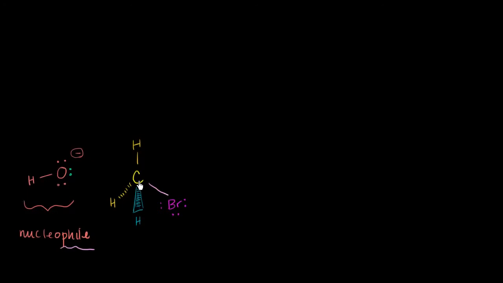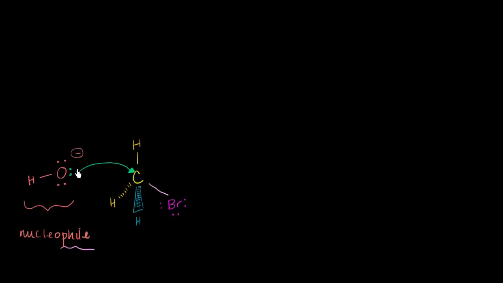So the way that this reaction works, and it's really happening in one step, and this is key to the name of this reaction, as we'll see in a second, is that this nucleophile might say, hey, I've got this extra charge, let me share some of that charge with a nucleus, in this case the carbon. Let me draw it like this. So it would share this pair, which would form a bond.